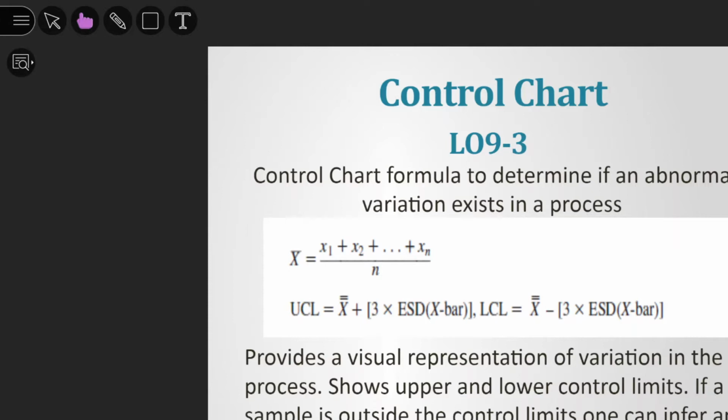In this case, with a 3 sigma process, if all of your measured samples fall between the UCL and LCL lines, then with probability of 99.7%, you do not have a problem of defect.